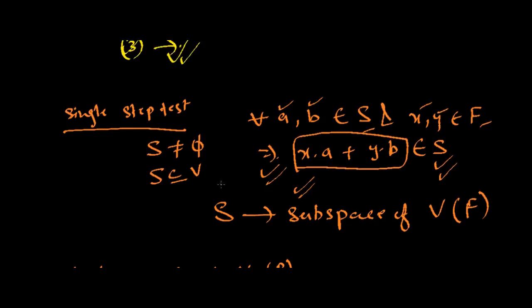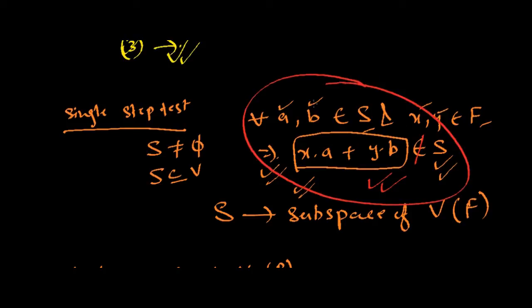This is a necessary and sufficient condition, so if it is not validated, then this is not a subspace of our vector space.